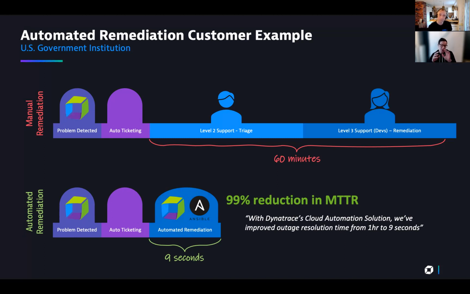Awesome. The reason why we stop here before I go to the next slide, which is all about what steps you can take, is this. This organization had, of course, not just one type of problem, but they looked at the data and said, we're actually spending a lot of time on, in this case, restarting a runtime.